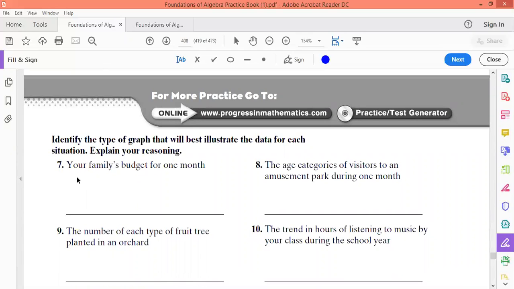Now, your family budget for 1 month. If you have a family budget, you have to pay bills, rent, utilities and other things. What type of graph will you use to understand it? Bar graph or circle graph with the percentage.